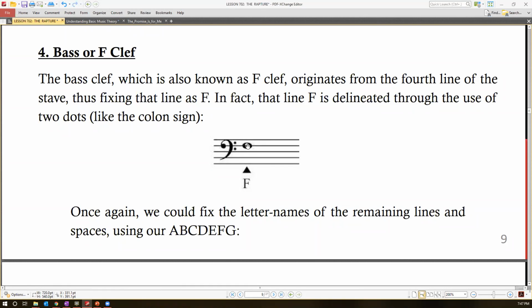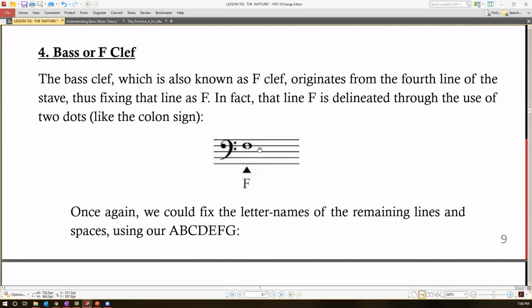Coming back to the fourth line, that's 1, 2, 3, 4. That's F for a bass clef. If we want to run the alphabet going down, we will say E, D, C, B, A, and then G, and then F.